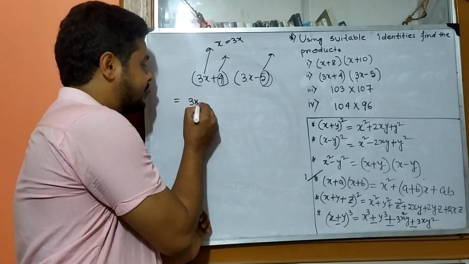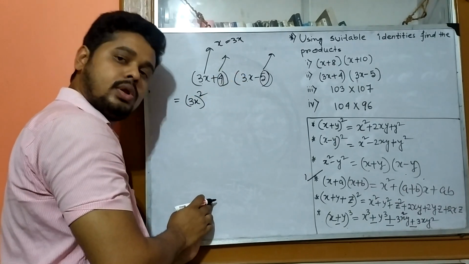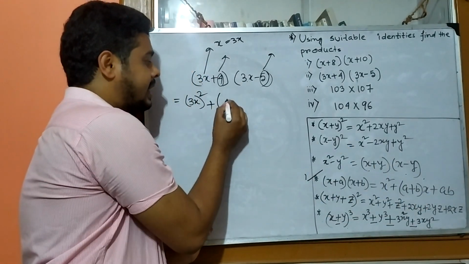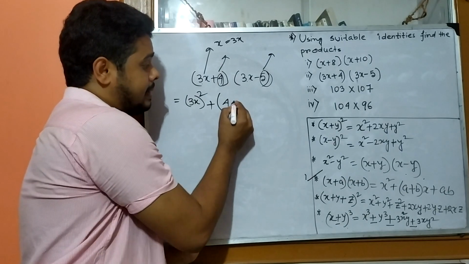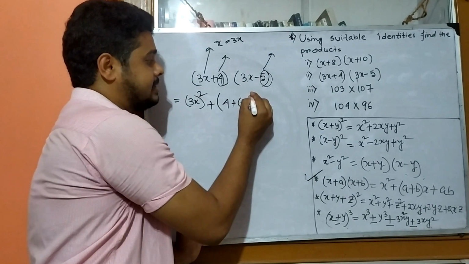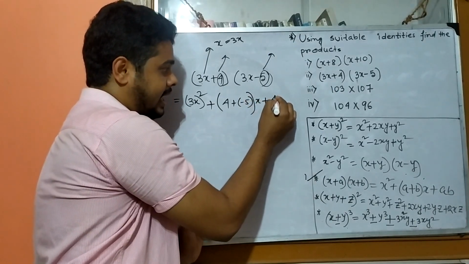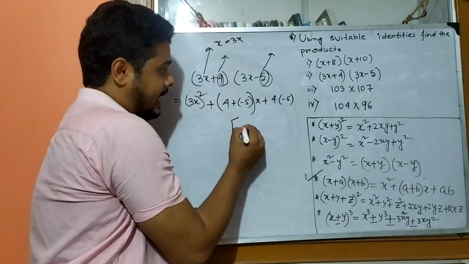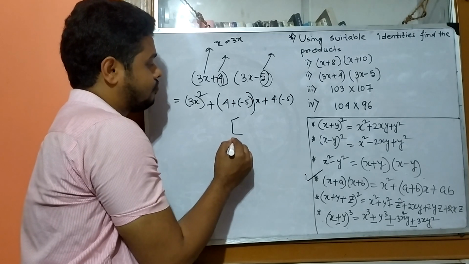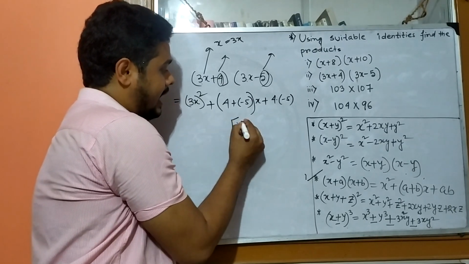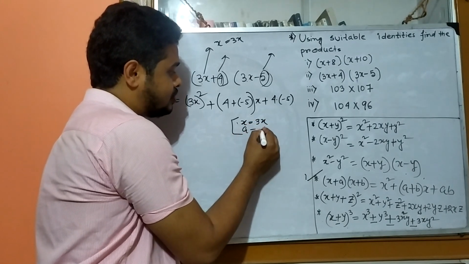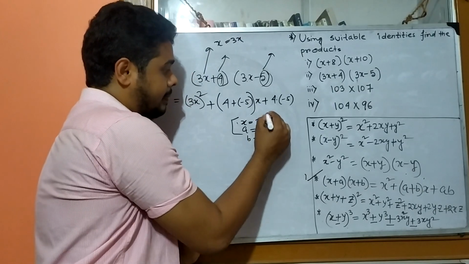So we can write 3x whole square plus a plus b into x plus ab. a means 4, b means minus 5, because b is here minus 5. As you can write, x equals 3x, a equals 4 and b equals minus 5.